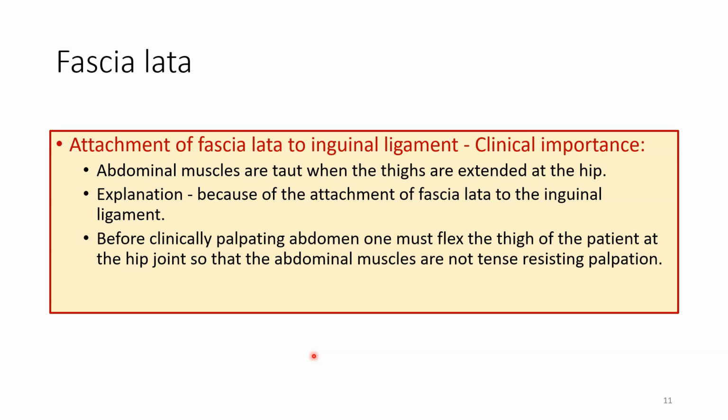That was the question. Before clinically palpating the abdomen, one must flex the thigh of the patient at the hip joint, so that the abdominal muscles are not tensed up, resisting palpation. So that's the importance of flexing the thigh while examining the abdomen, to relax the abdominal muscles.